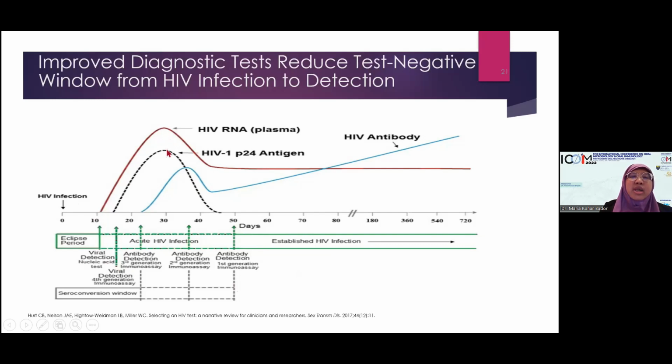So this is your HIV RNA, and your P24 appears at around 15 days, which is what the 4th generation immunoassay can detect. And the HIV antibody, which are the old ones, is about 25 days. It's the 3rd generation. This is the 2nd generation, and this was the 1st generation. So you can see that in terms of HIV diagnostics, it has really moved very far down towards here, up to around 10 days for the HIV RNA.